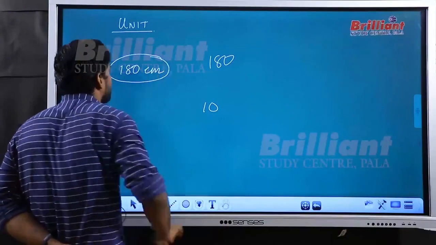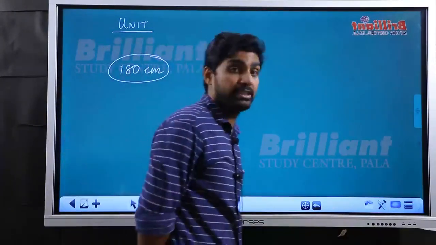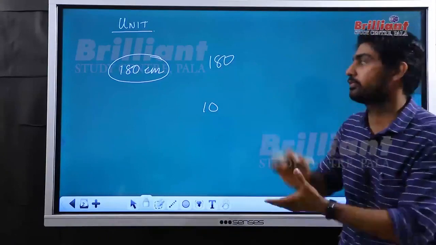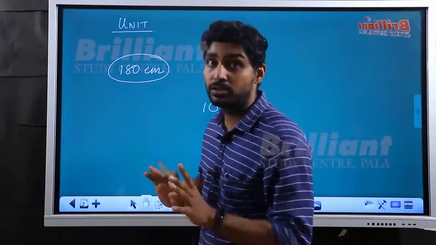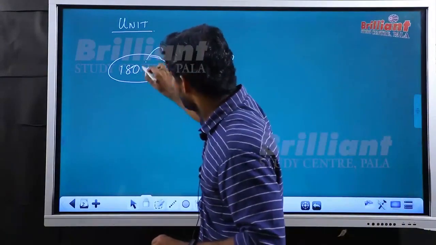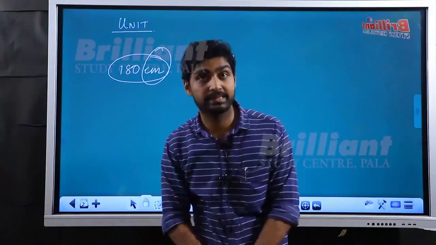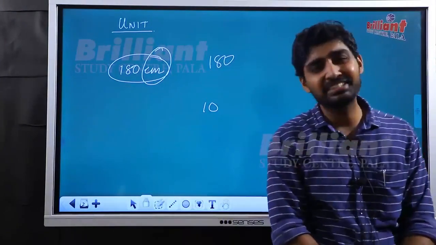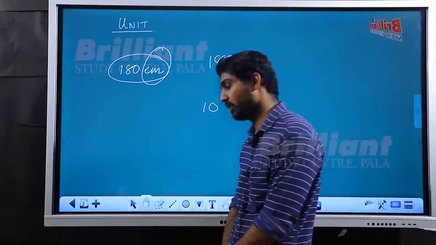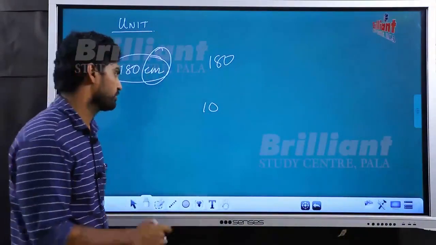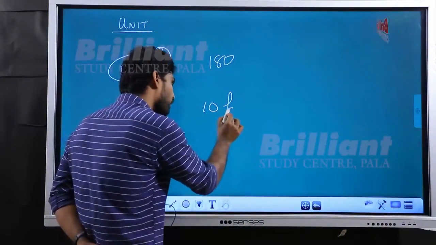I say that my height is 180 centimeters. Here there is no confusion because this word centimeter is universally accepted. Or I say that the mass of an object is 10 kilogram.